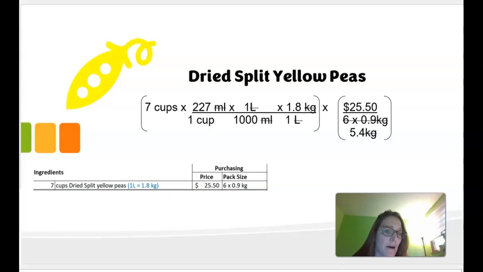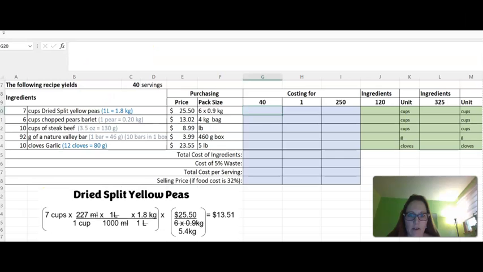We're going to multiply by our equivalency here, so 1.8 kilograms, and then we're going to multiply by our price per unit, which is $25.50, and then we're going to divide by our packing size, which is 5.4 kilograms. And then our total we get is $13.51.